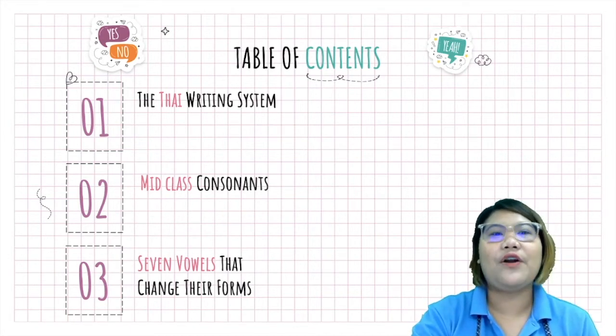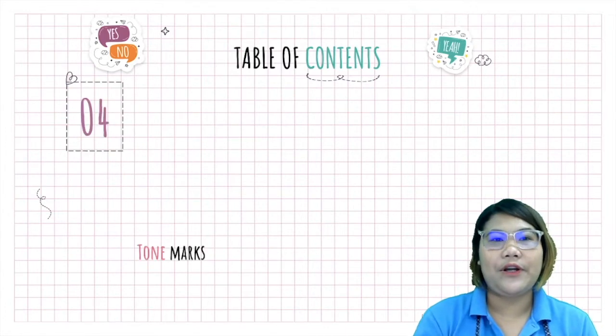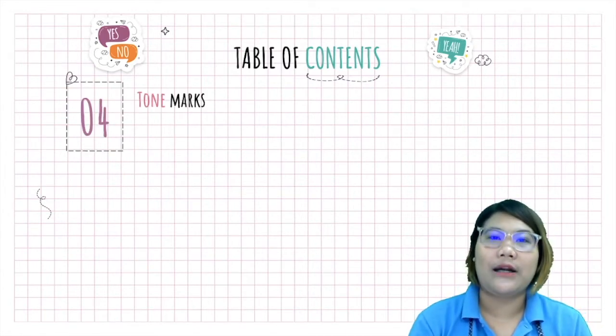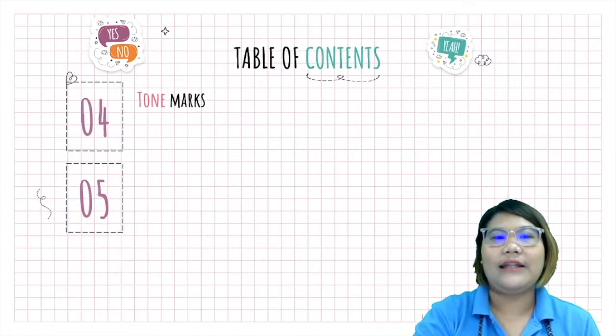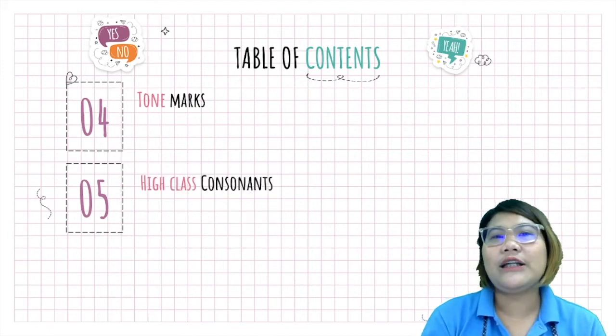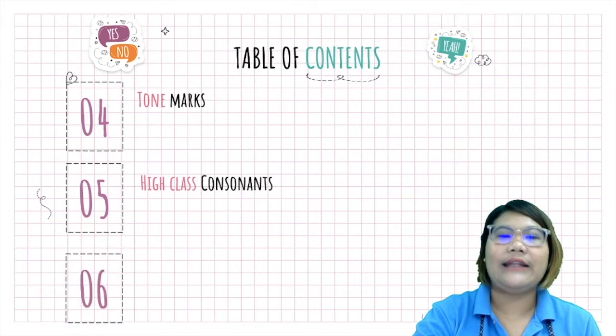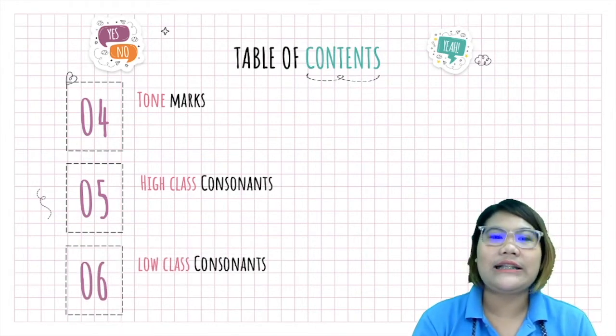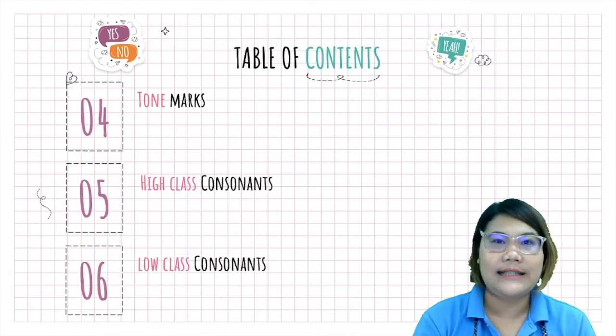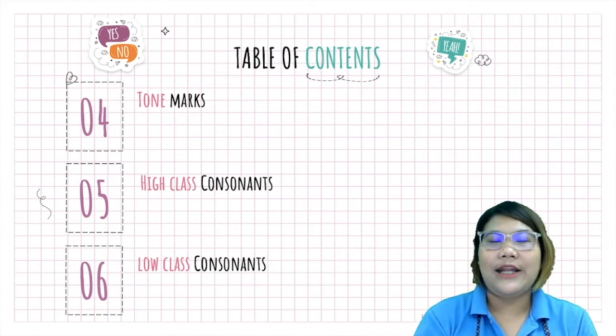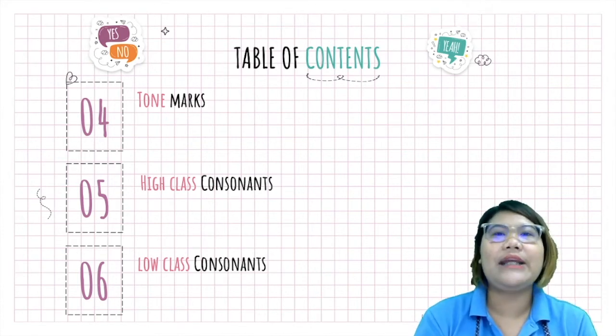And then for the fourth chapter, you will learn about tone marks. And the fifth, you will learn about high-class consonants. And the last one, you will learn about low-class consonants. And at the end of the book, we will summarize the tone rules for you.